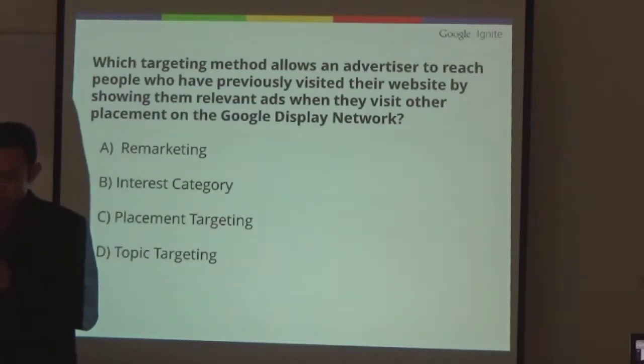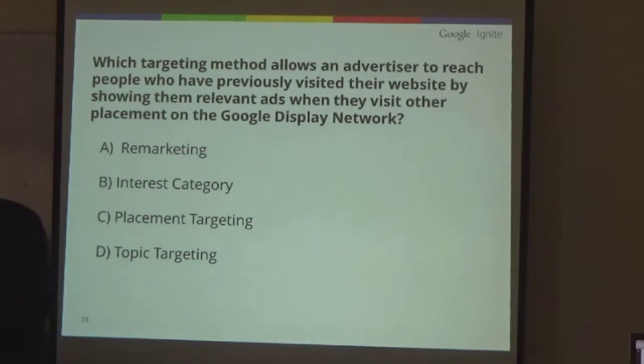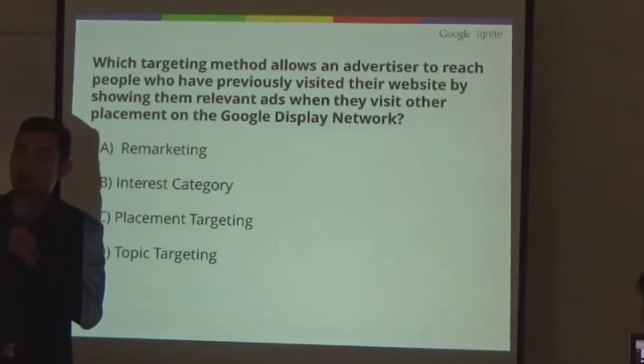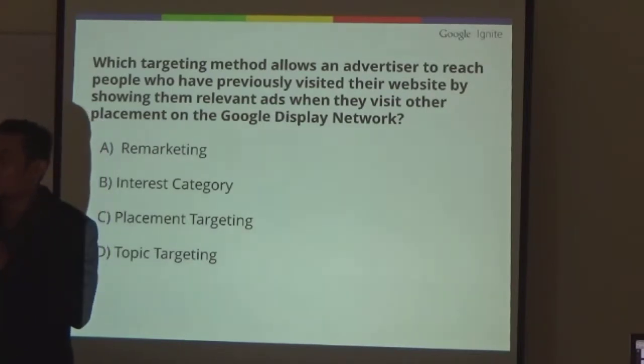Now, next question. Which targeting methods allow advertisers to reach people who have previously visited their website by showing them relevant ads again and again when they visit other placements on GDN? Which one? Is it A, remarketing? Okay, the definition of remarketing is you're showing your ads to people who have previously visited your sites.